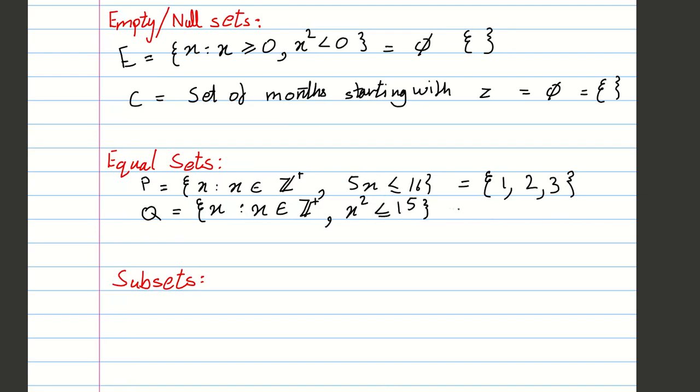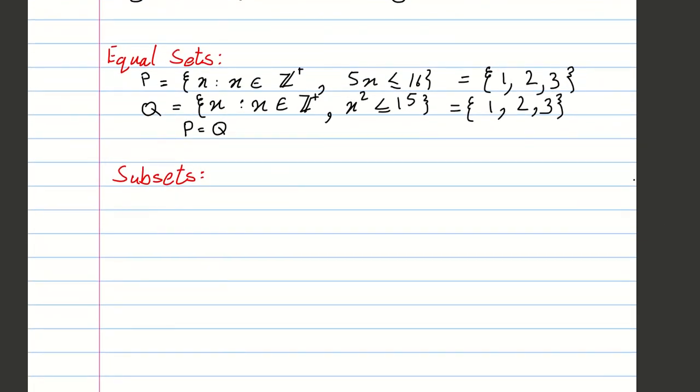Now the members and elements of the set are going to be 1, 2, 3. It won't be 4 again, for the same reason as above. 4 square is 16, which is greater than 15. Now P and Q both have the same elements, hence they are equal. So P is equal to Q. This explains equal sets.